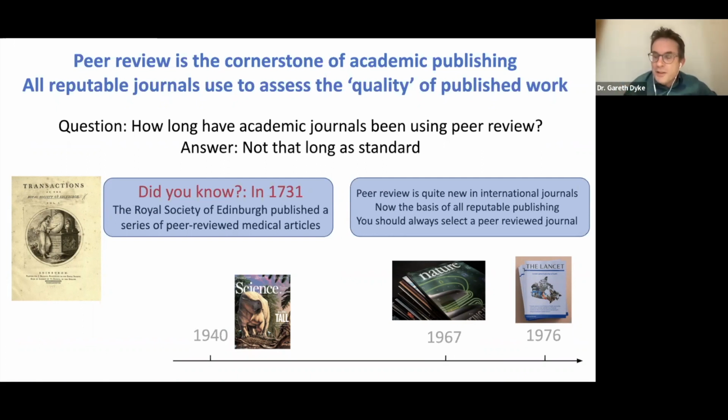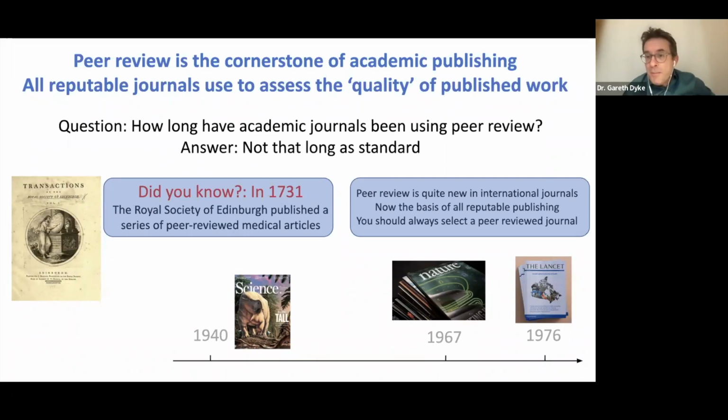Peer review is actually a relatively recent phenomenon in scholarly publishing, although there are some exceptions. In the 1730s, the Royal Society of Edinburgh published a series of peer-reviewed medical articles, but it wasn't a normal aspect of academic publishing until relatively late.